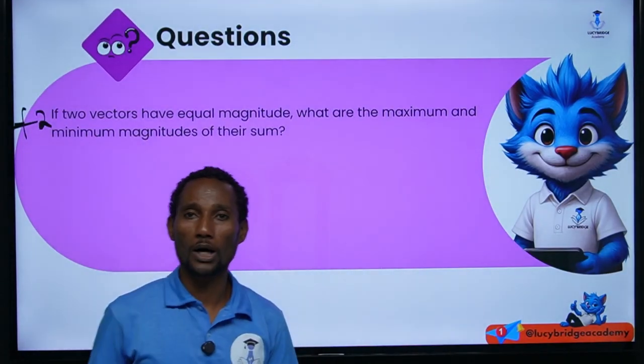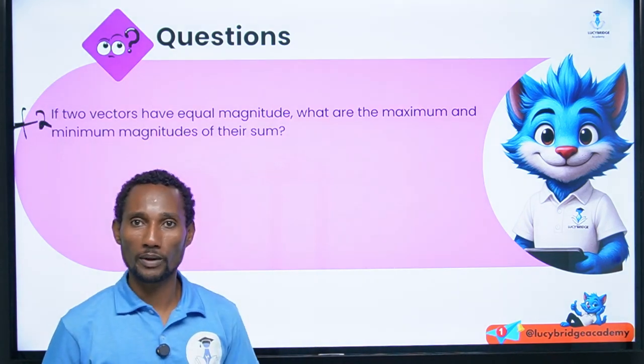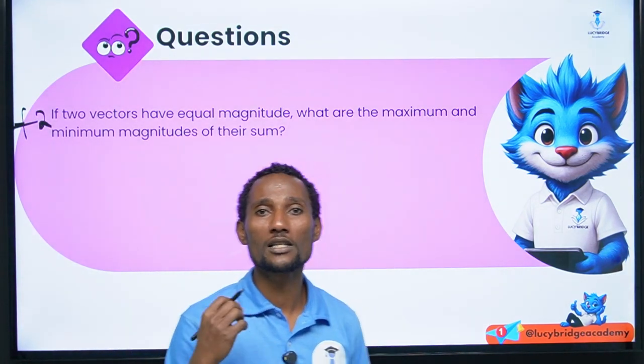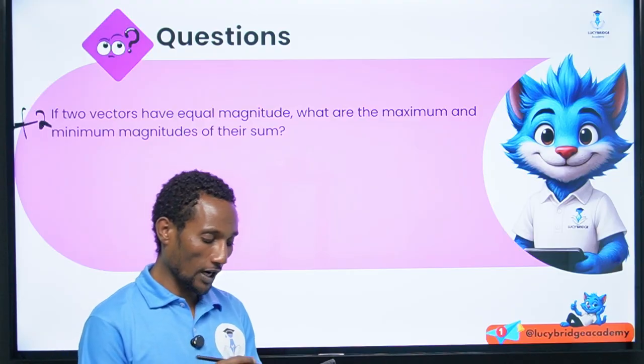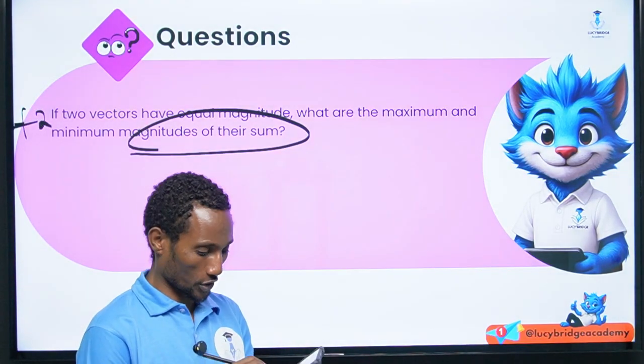It asks: if two vectors have equal magnitude, what will be the maximum and minimum value of their sum? Let's see the solution.